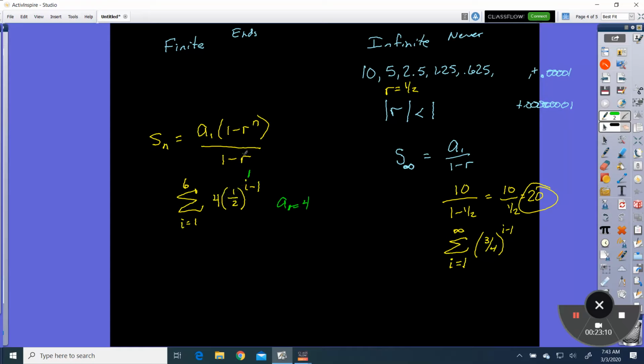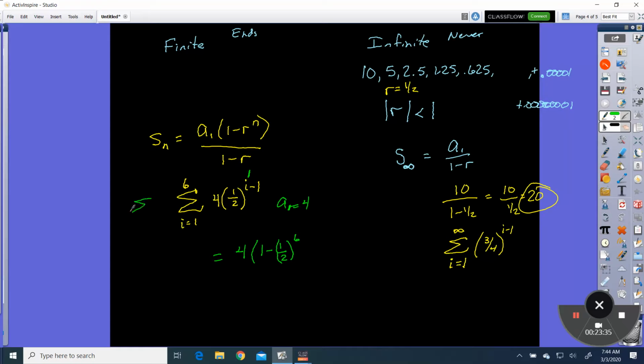So now, plug it into this formula. A1 is 4. 1 minus r. r is the number that's got the parentheses around it, that has the power. So r is 1/2. And this 1/2 is going to be to the n power. So how many terms are there from 1 to 6? 6.